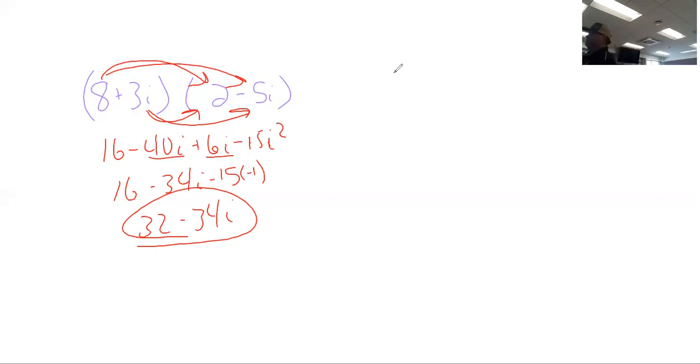Now I'm going to have 1 over 2 plus 5i. Here's the problem. Much like a radical, I cannot have an imaginary in the bottom. Can't happen. It's against the law. This is an i. Sorry, I didn't draw it very good.